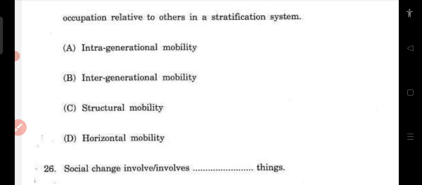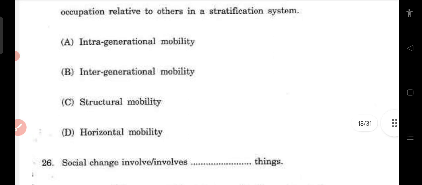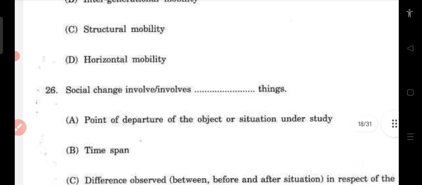Horizontal mobility is when a clerk working in an SBI bank transfers from Kolkata to Delhi. He hasn't changed his occupation, his position is the same. So this is horizontal mobility.